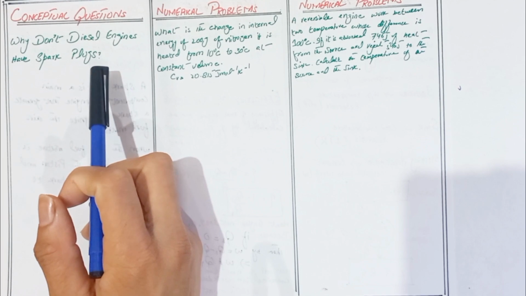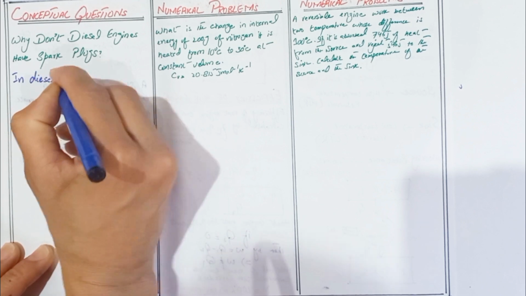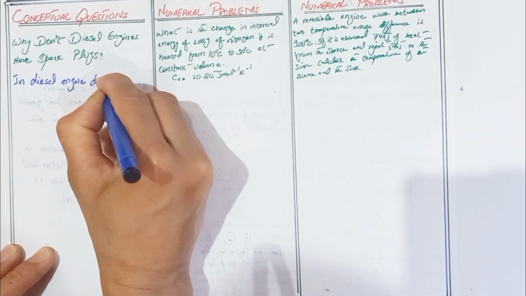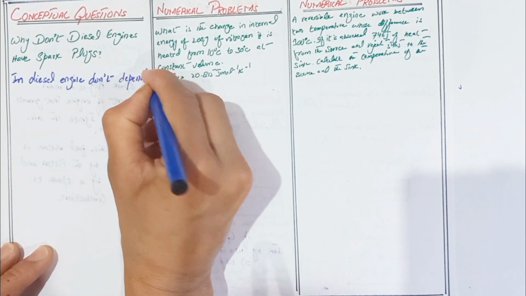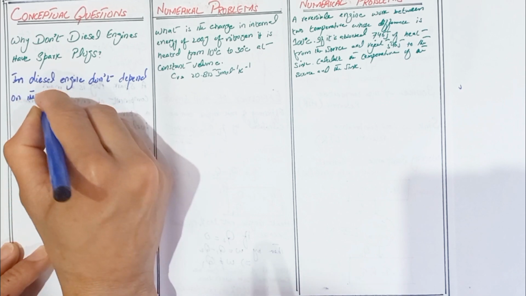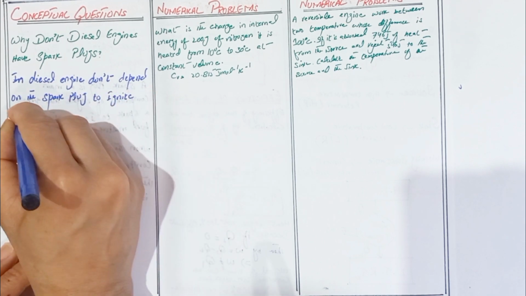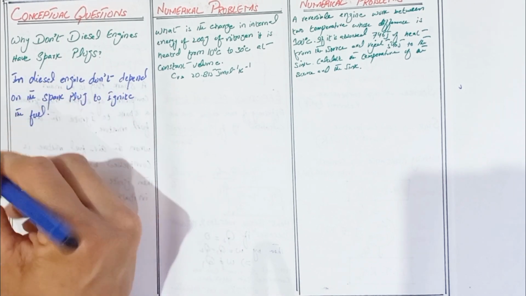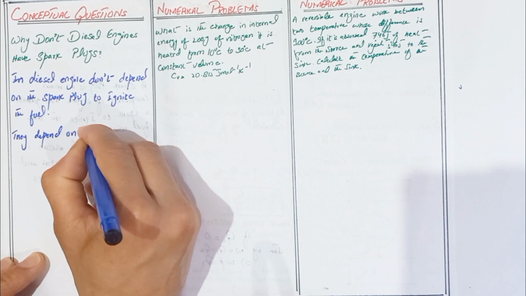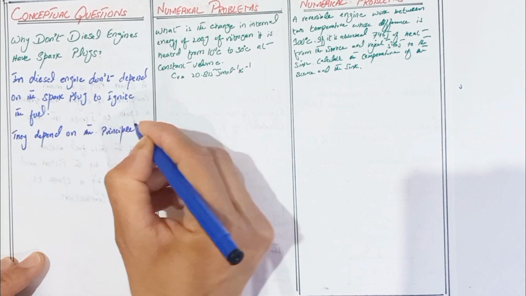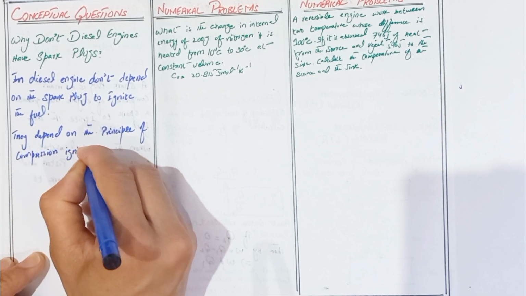Why don't diesel engines have spark plugs? Diesel engines don't depend on the spark plug to ignite the fuel. They depend on the principle of compression ignition.